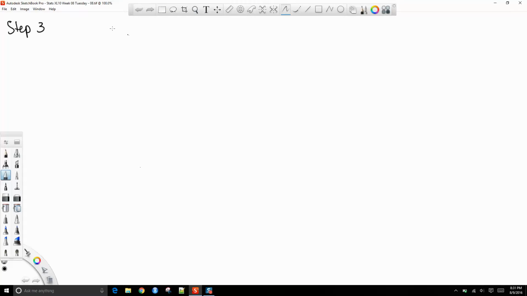Okay, step 3 is calculations. These calculations are specific to hypothesis tests for p with one sample. We're going to break this down into 3 parts.